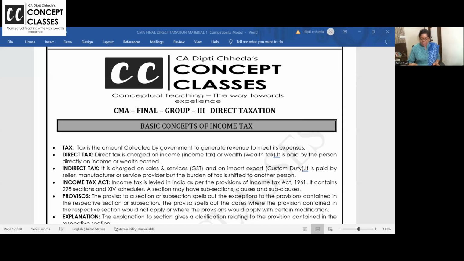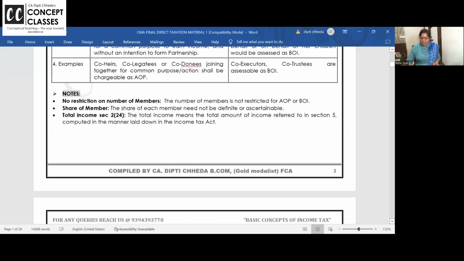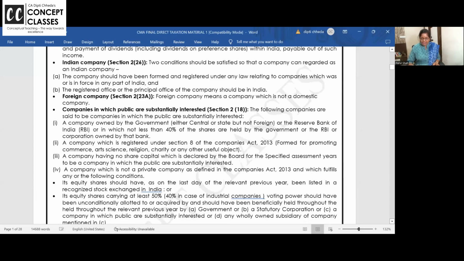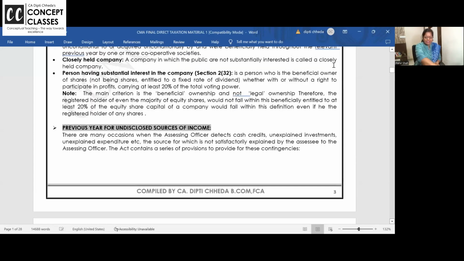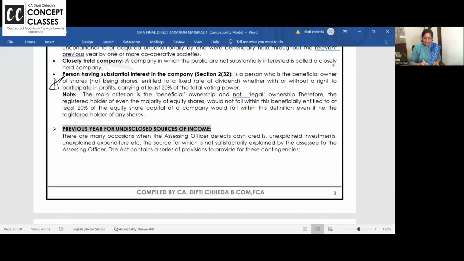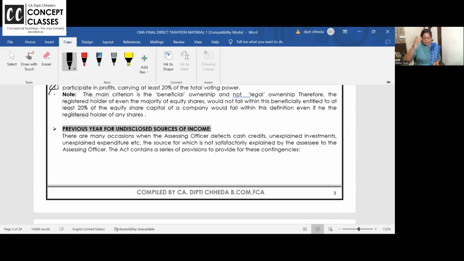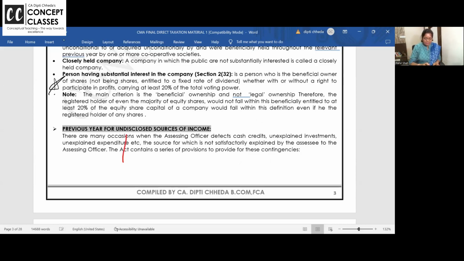Let me make it clear with the help of this sheet. You all have this. We are just doing revision. In yesterday's class, I told you this definition is very important to highlight again.